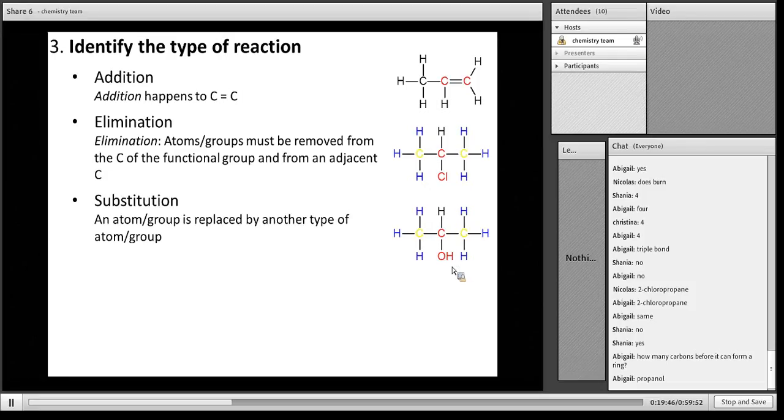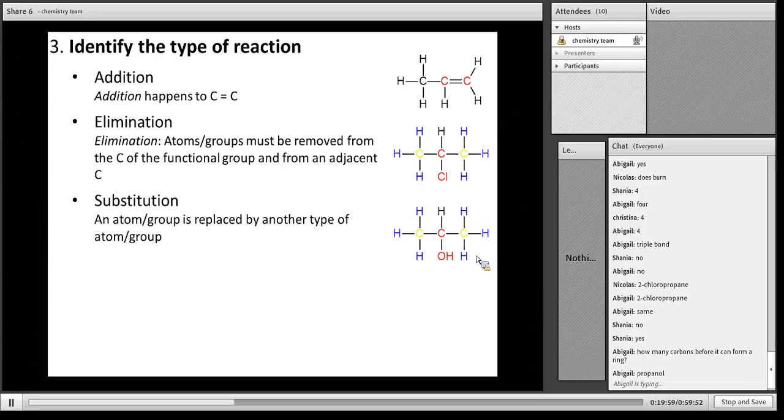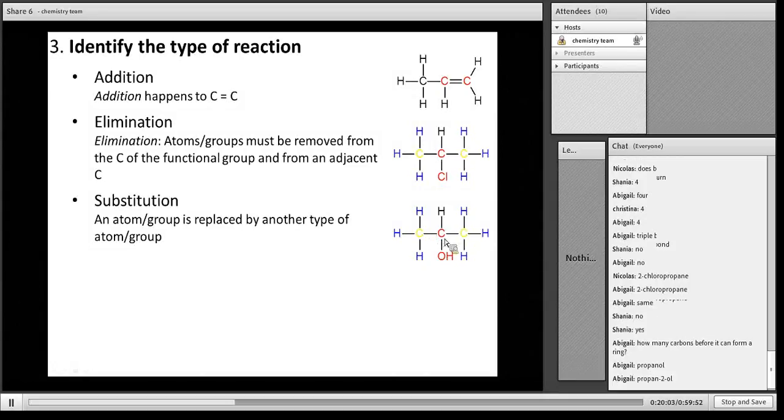And Abigail, correct with the name propanol, except you didn't tell me where that OH is, because the OH can be on 2 different positions for propanol. It can either be on the first carbon, or it could be on the second carbon. So you have to tell me which one. Yep, propan-2-ol, correct.